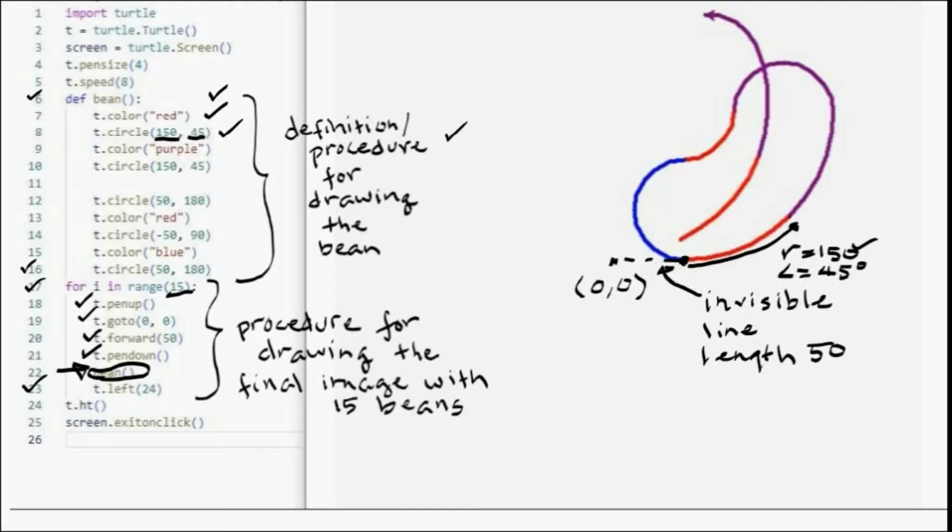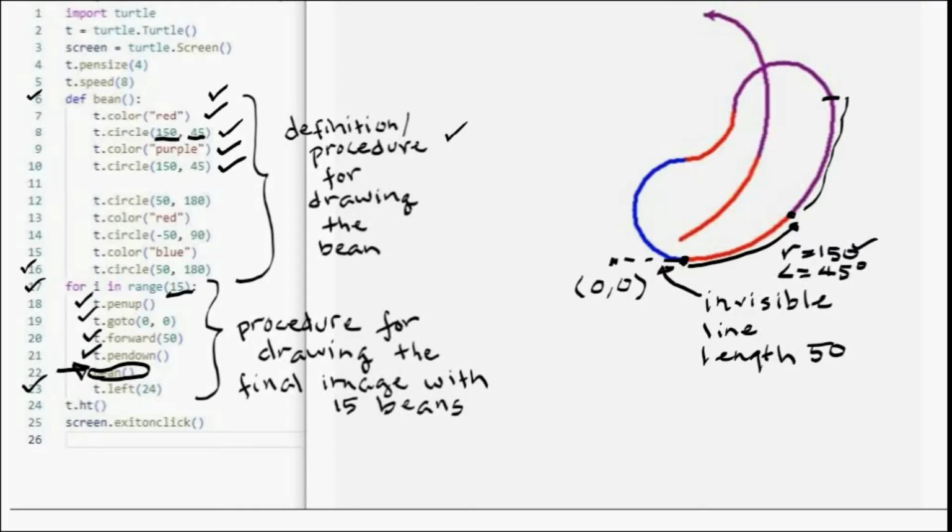Now that my turtle is right here on the arrow tip of the line that I just drew, I change the color to purple and then I draw another arc. This is the continuation of the arc. Okay, the arc is up to this point here.